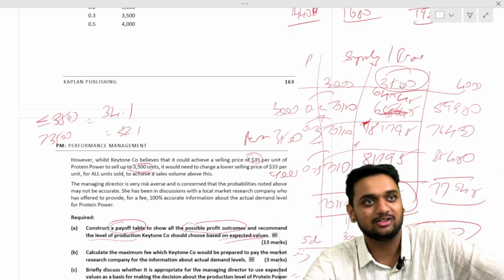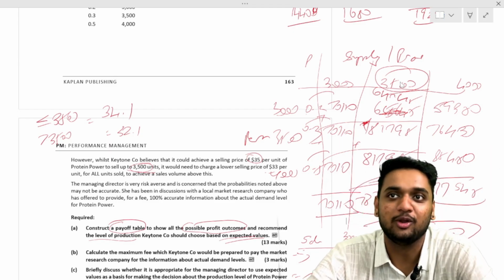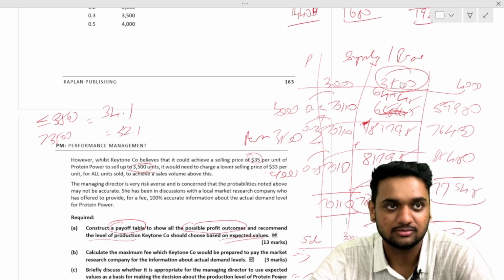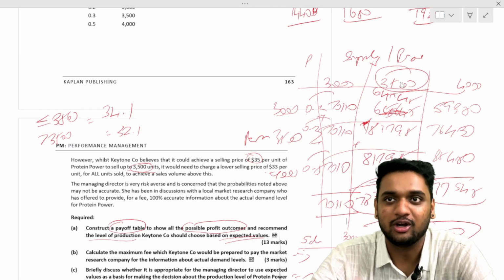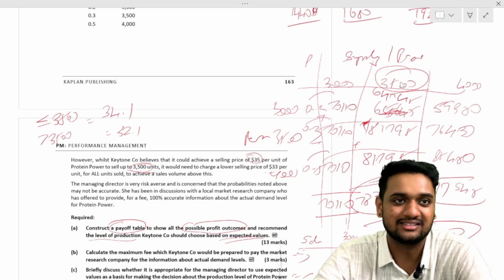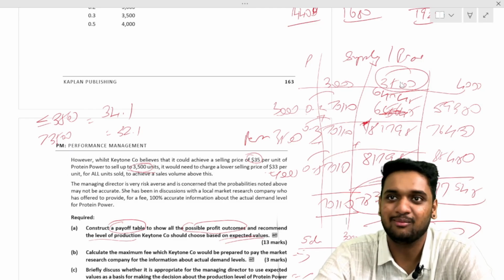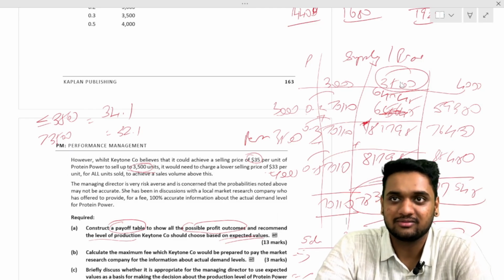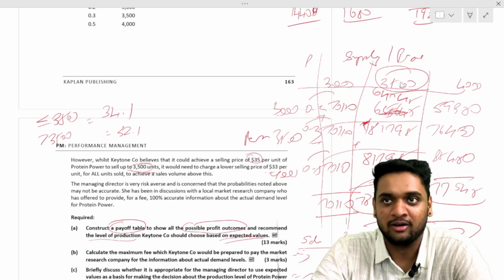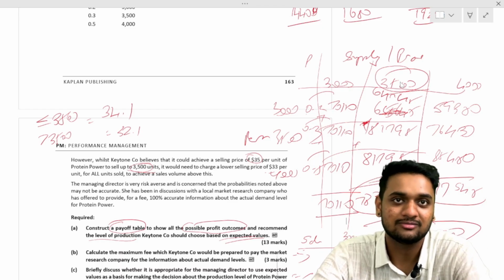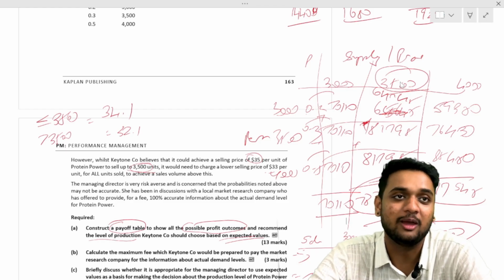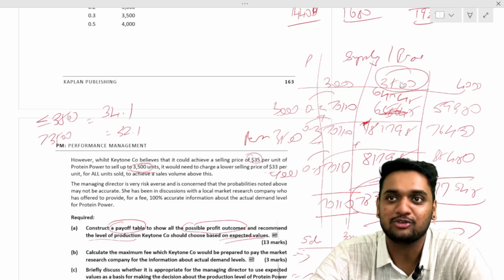God will come and tell you what the demand currently is. How much will you pay God? That is the question. God is coming and saying, you don't have to produce more and sell less, or produce less and sell more, that is all not required. I will give you one blessing: how much demand you will get daily, I will tell you. How much will you be ready to pay me? Like that, God is asking you. How much will you pay God?